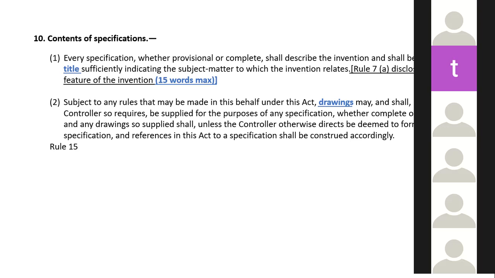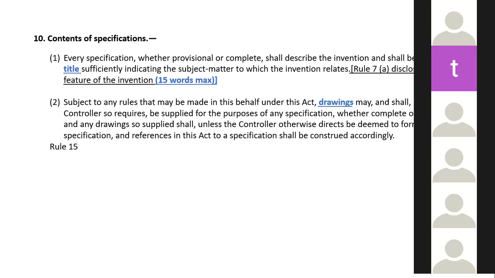अभी ड्राइंग जो है उसमें कैसे रहेंगे, ड्राइंग कैसे फाइल करने हैं? You have to file drawings in A4 size paper with the margin described in Rule 15. Your margin is top and left side 4 centimeter, bottom and right side 3 centimeter.